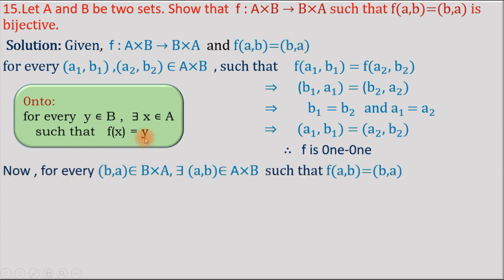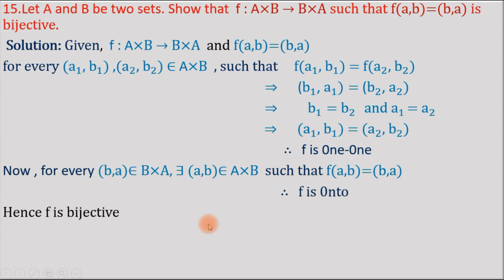So for every y, (b, a) belonging to the Cartesian product B cross A, there exists x, the ordered pair (a, b), belonging to the Cartesian product A cross B such that f of (a, b) equals (b, a). Hence this function is onto. Hence this function is both 1-1 and onto. It is bijective.